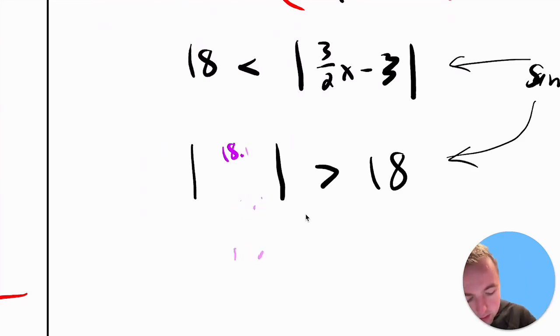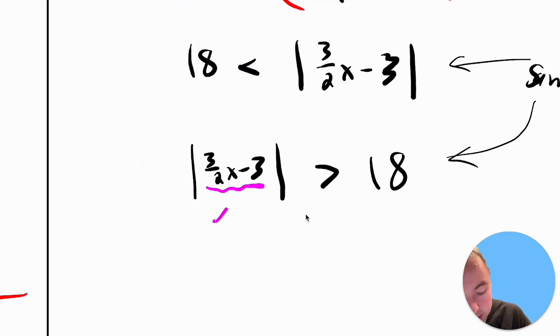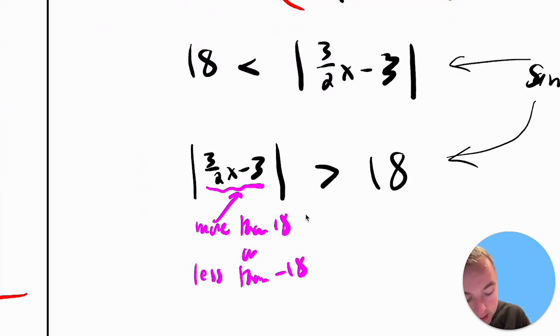So really what needs to be true about the inside of this absolute value, this 3/2 x minus 3, is you need this 3/2 x minus 3 to either be more than 18, or you need it to be less than negative 18, so that the result of absolute valuing any of those numbers, more than 18 or less than negative 18, will actually result in it being greater than 18.